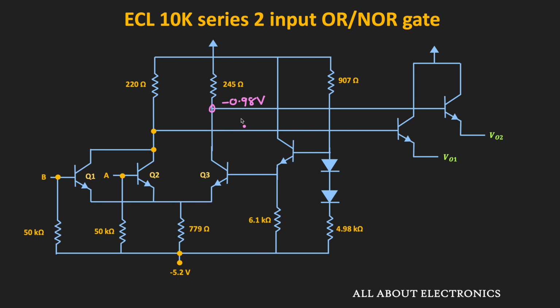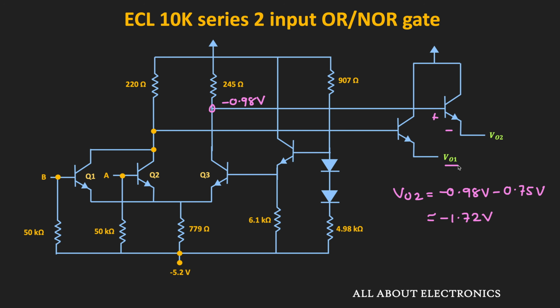But now, because of this emitter follower stage, we will also have the drop across this resistor, that is roughly equal to minus 0.75 volt. That means if we see the VO2, then that is equal to minus 0.98 volt minus 0.75 volt, and that is roughly equal to minus 1.72 volt. So that is very close to logic low.